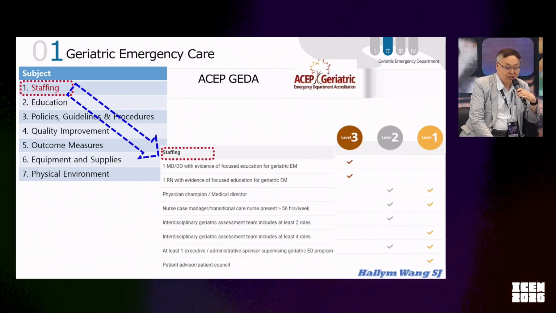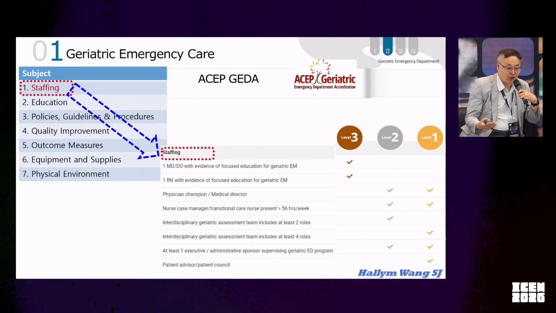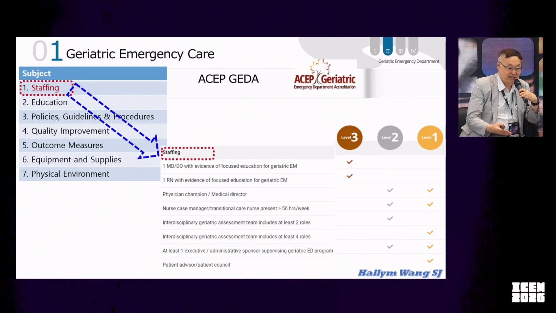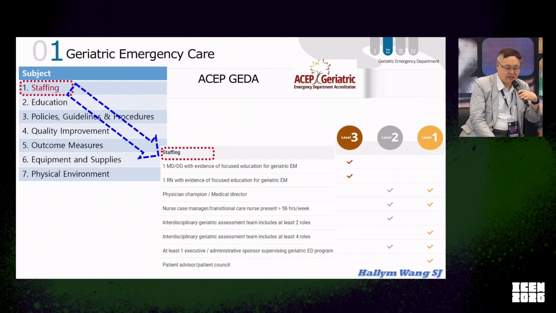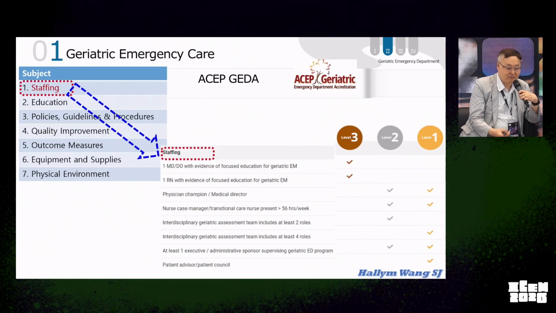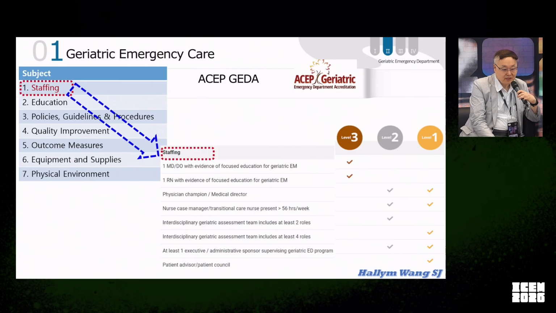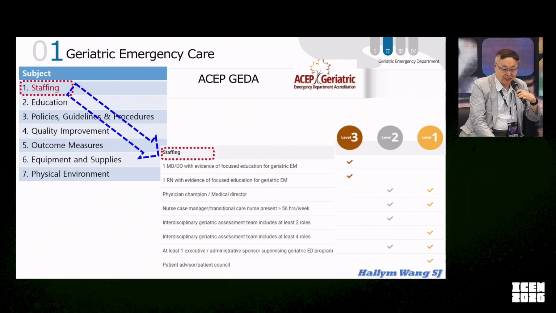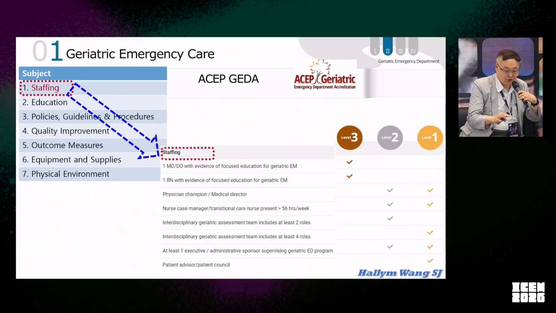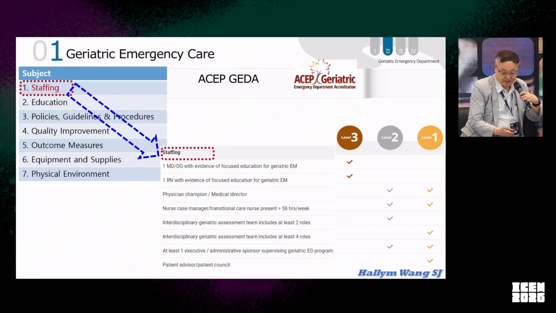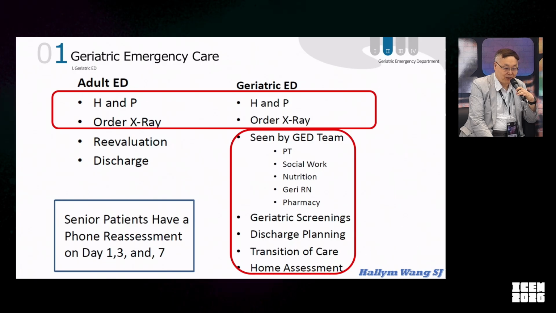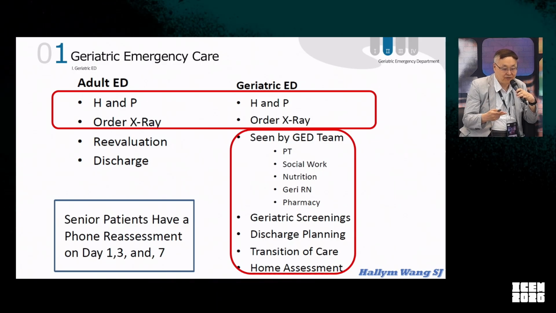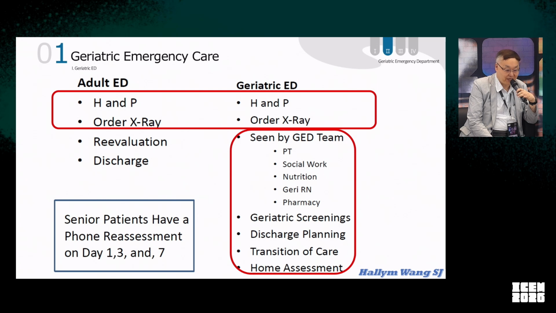For geriatric emergency care, the ICEM JEDA subjects were divided into 7 fields. For example, staffing is included like this. It can be complex, but based on this guideline, the JEDA could classify 3 levels. So, ordinary adult emergency department care is different from geriatric emergency department care.